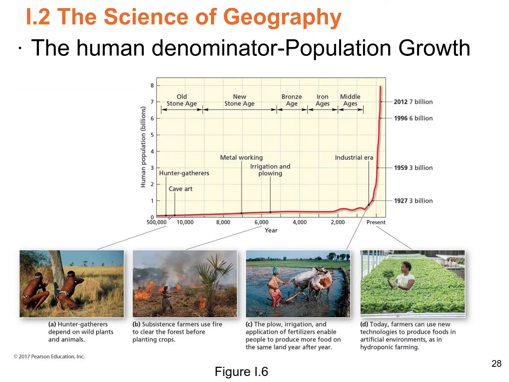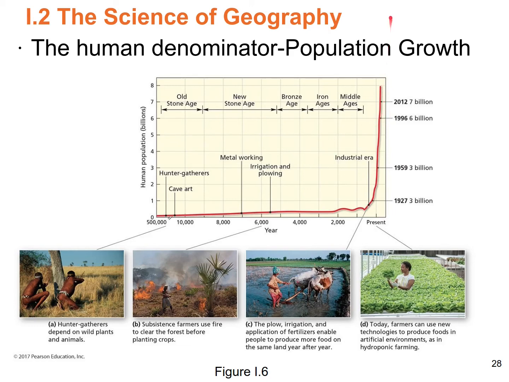A really, really important idea, super duper important, is population growth. Up until about 1800, the world had fewer than 1 billion people. So we hit 1 billion around 1800. Around 1920, we hit 2 billion. In 1959, we hit 3 billion. 1996, we hit 6 billion, 7 billion.